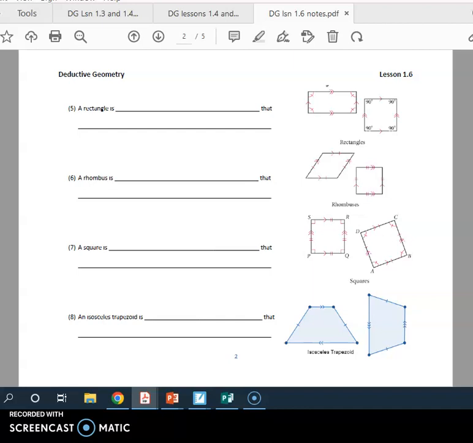All right, so beginning with rectangle, if you look at the next three definitions, you will notice that all of the shapes actually have two sets of parallel sides. And the reason why they're marking the shapes this way is because they don't want you to say that these shapes belong in the quadrilateral family. They actually want you to say that these shapes all belong to the parallelogram family.